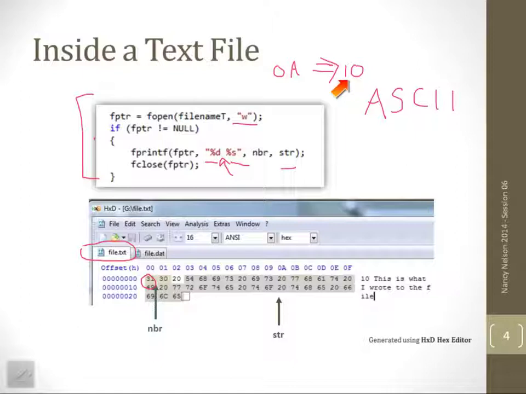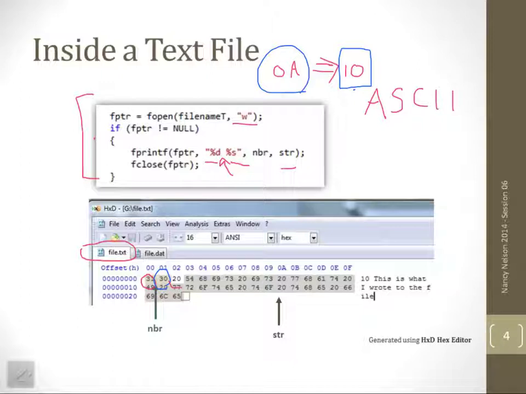The next byte in our file is 30. If you look up 30 on that ASCII table, what you'll see is it represents the character 0. So those first 2 bytes represent that 1 0, or the integer value a.